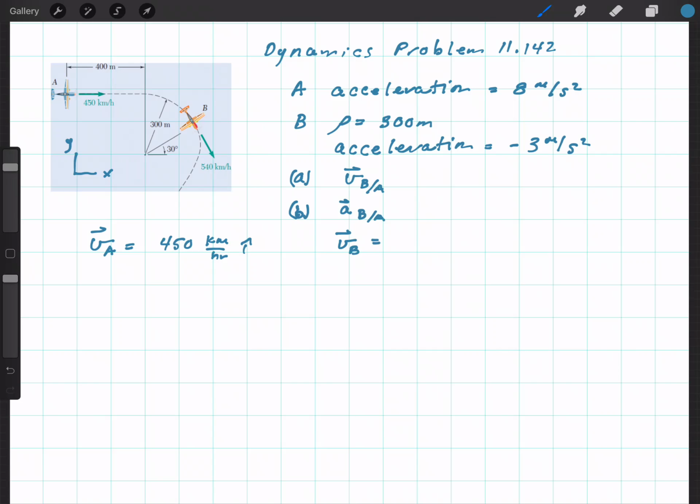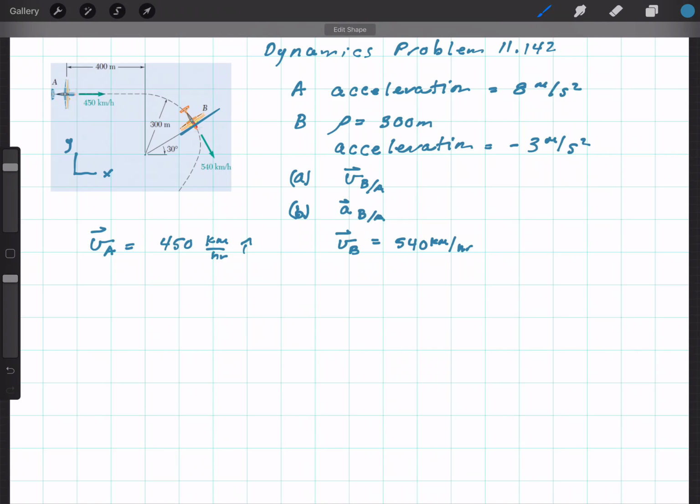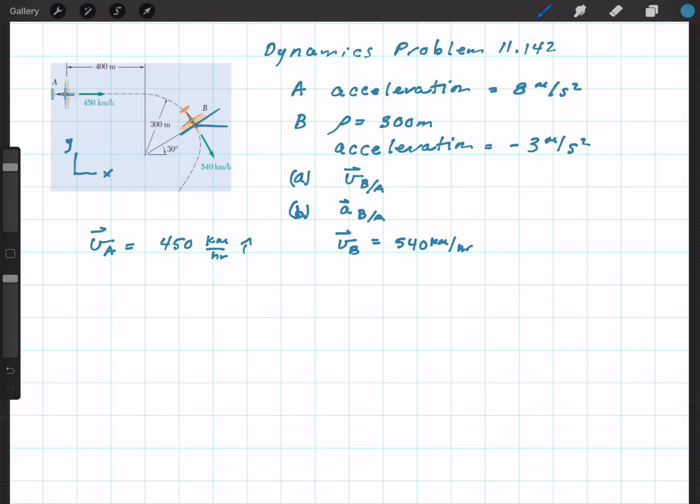would equal 540 kilometers per hour. We want to try to find the angle off of the x-axis here. If this is 30 degrees, well, this has to be 30 degrees. And actually, the angle we really want is this one between our vector, but this would also be a 90-degree angle. So if that's 30, then this angle has to be 60.